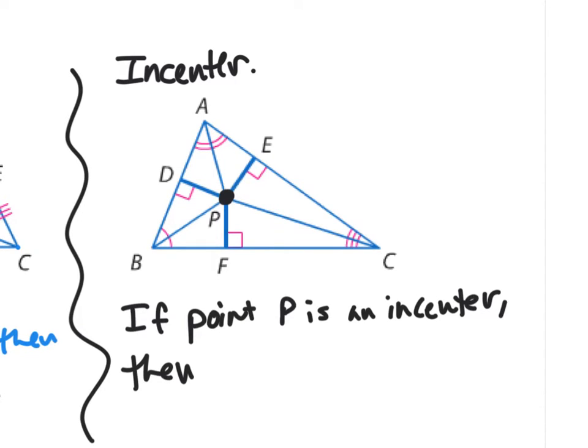Then I know that PD is going to be congruent to, say, PE, which is going to be congruent with PF. And so what I can do here is draw in congruent symbols right here and right here.